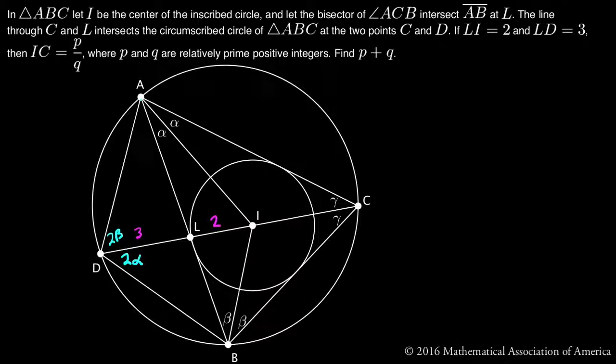Alright, what that does for me is this. So this is 2 beta. This here will be alpha plus gamma because we have the exterior angle theorem. We have a triangle and an exterior angle right here, and the exterior angle is the sum of the opposite, but distant, interior angles.